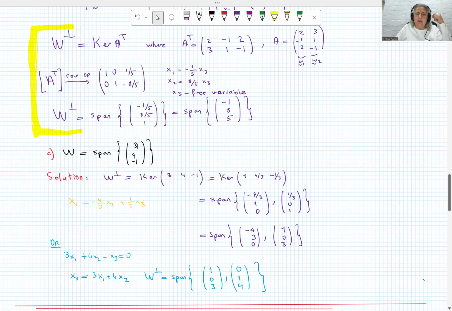So the matrix A this time is (3, 4, -1) and the transpose will be 3, 4, -1. For the kernel of the transpose of this matrix, dividing everything by 3 gives you this row matrix. Multiplying with x gives x1 plus 4/3 x2 minus 1/3 x3. So x2 and x3 are the free variables.